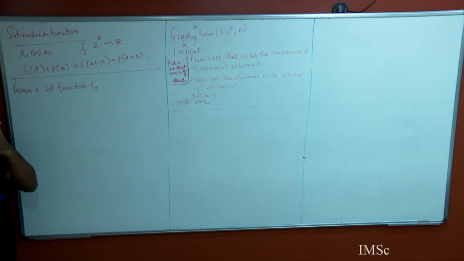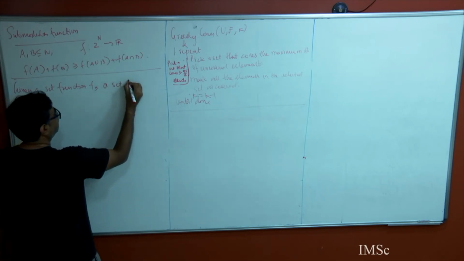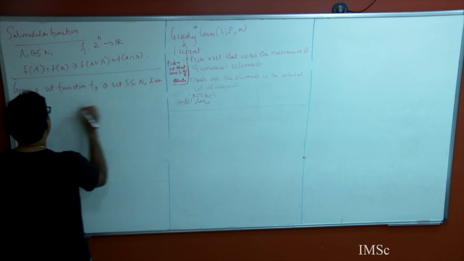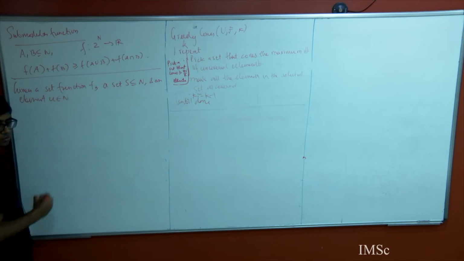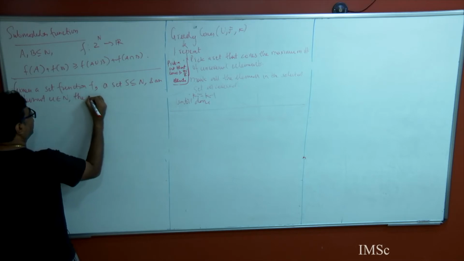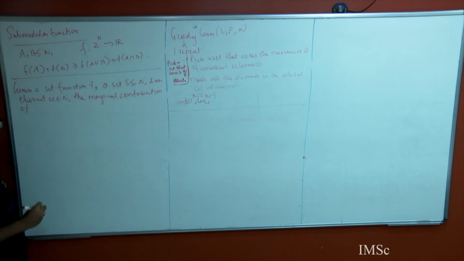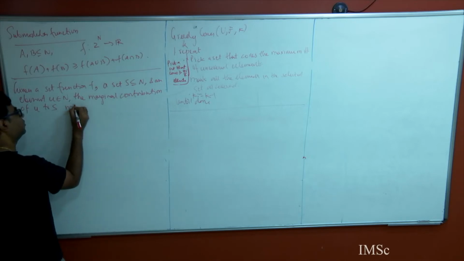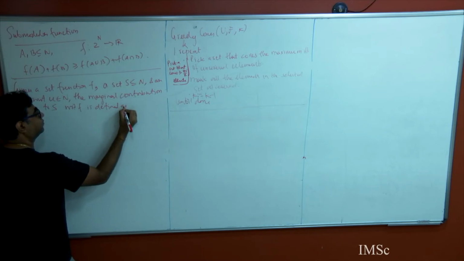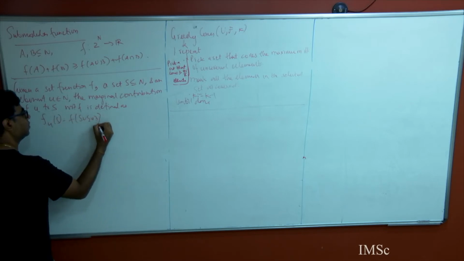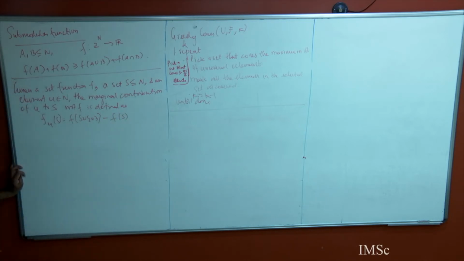Given a set function f, a set S subset of n, and an element u in n, the marginal contribution of u to S with respect to f is defined as f of S union u minus f of S. How much utility do I get by adding u to set S?